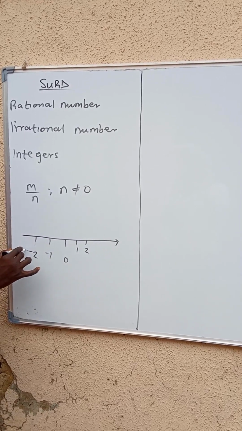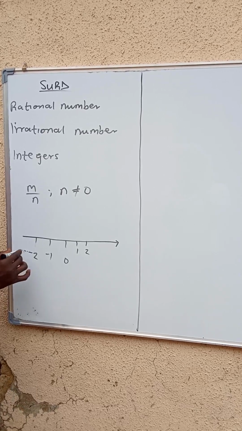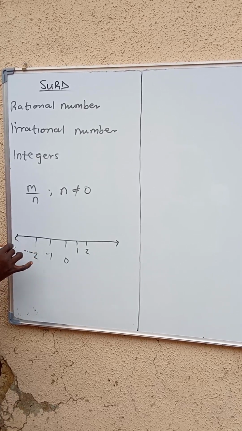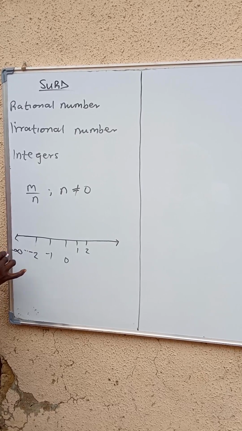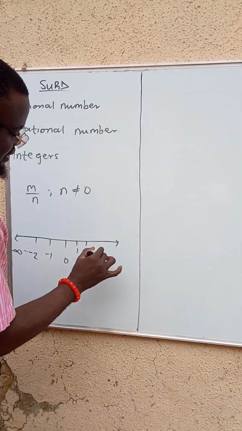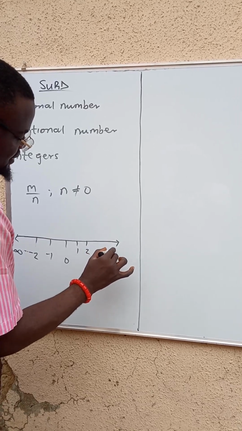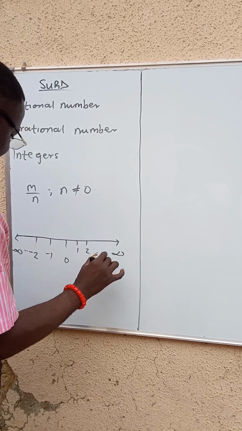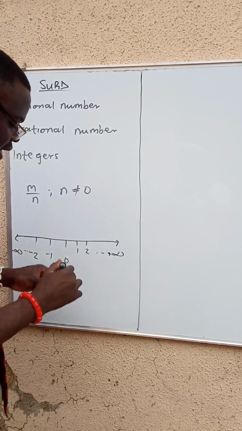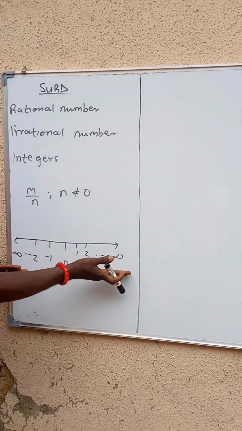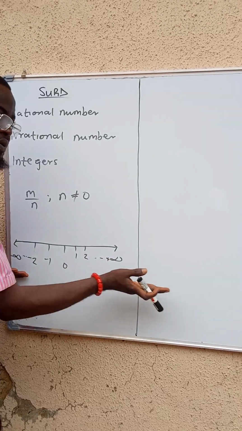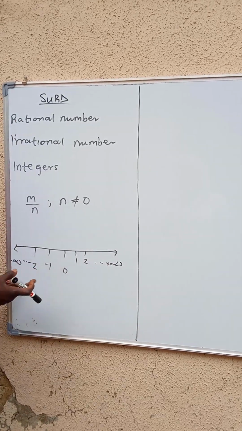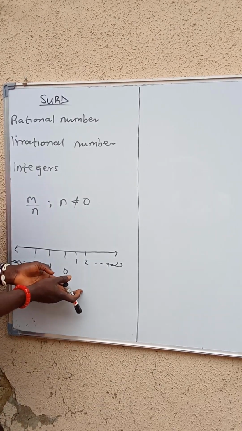Then you can put 3 like this, up to negative infinity, positive infinity. Good. Now, these are integers. The whole positive numbers, the whole negative numbers, including 0, are what we call integers.